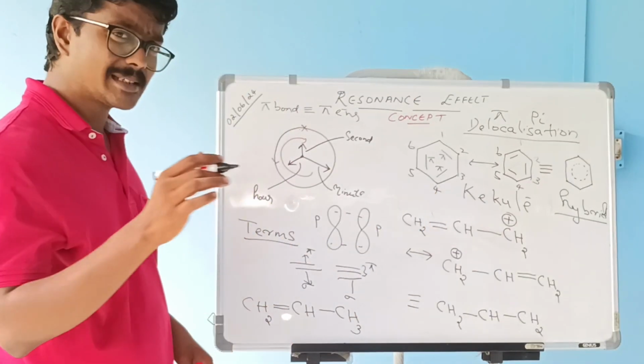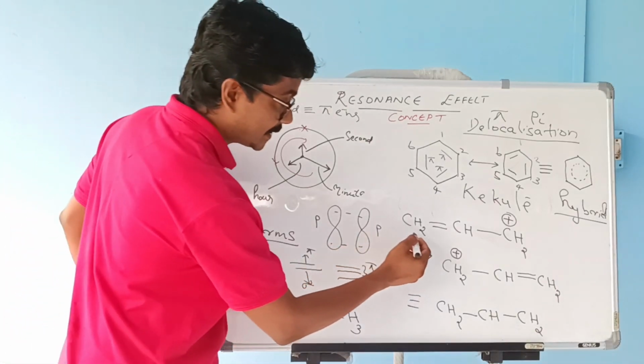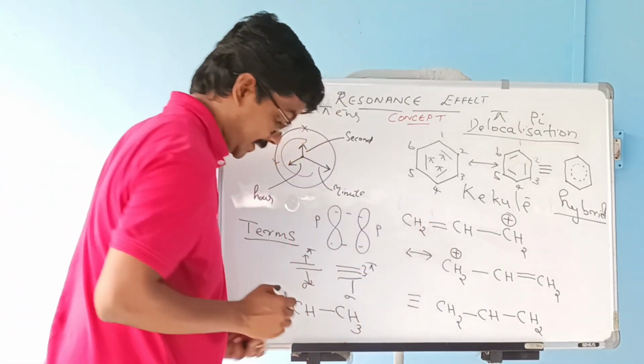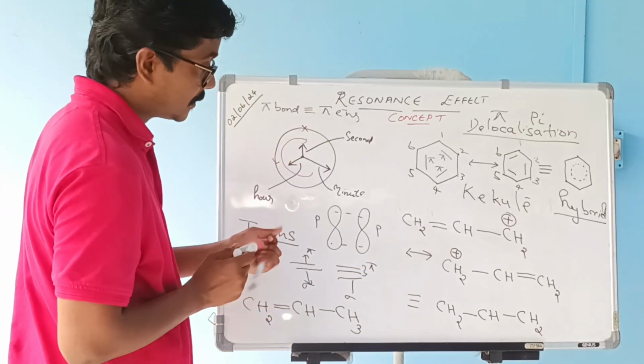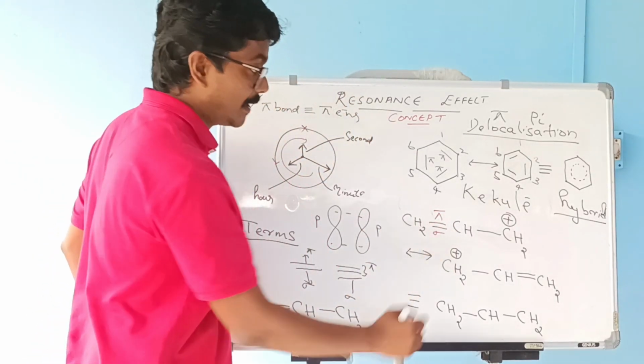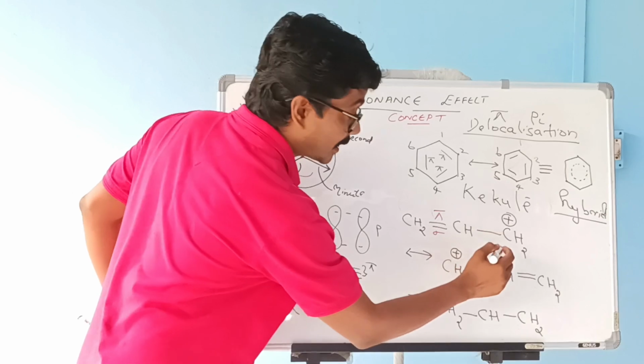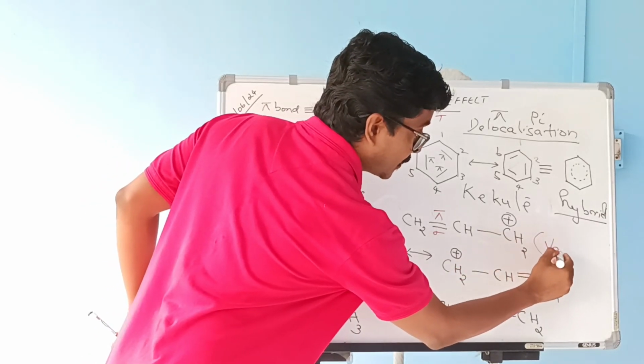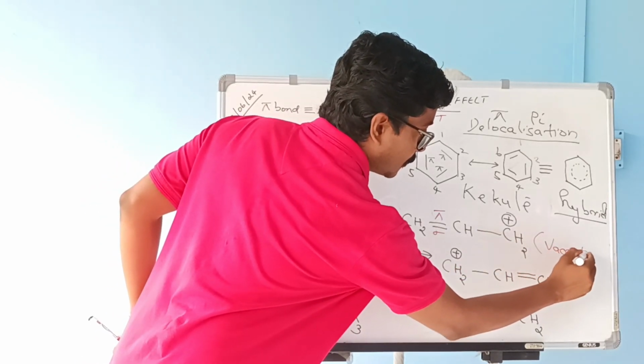Okay. Let us consider another example. This is a conjugated system with a pi bond and a sigma bond, and the terminal carbon is carrying a vacant orbital.